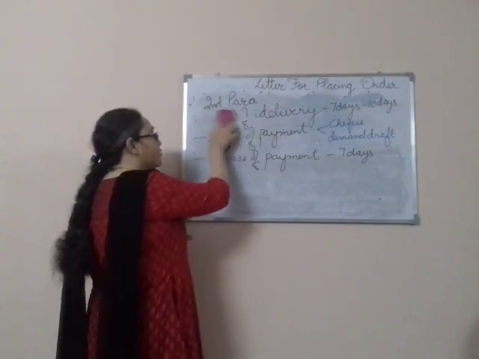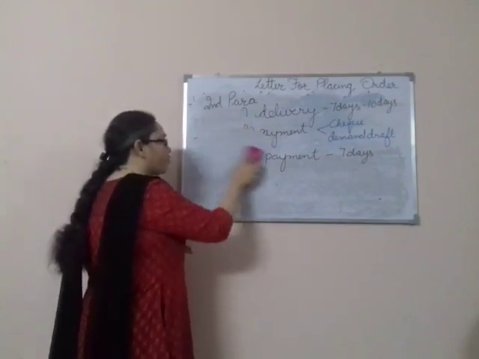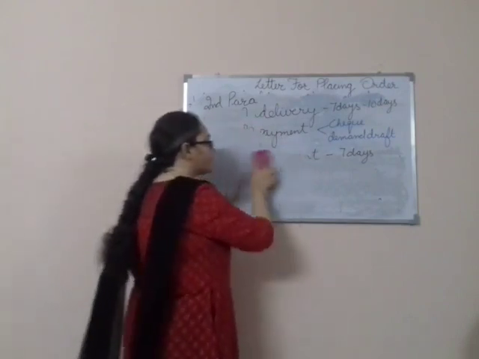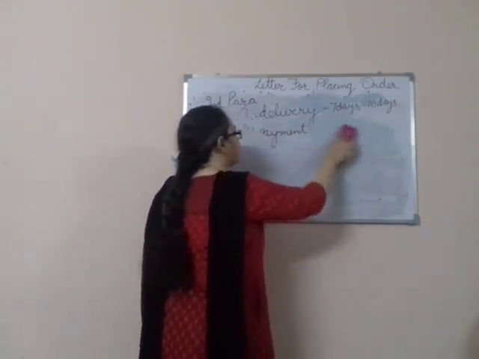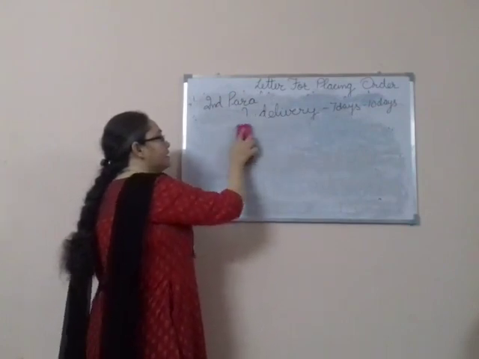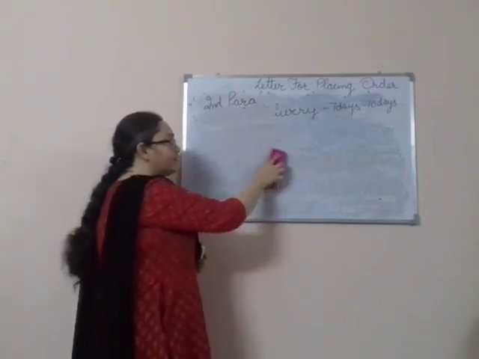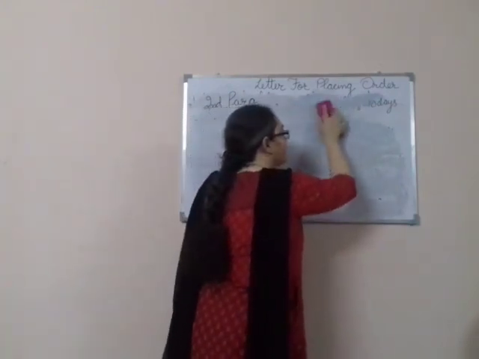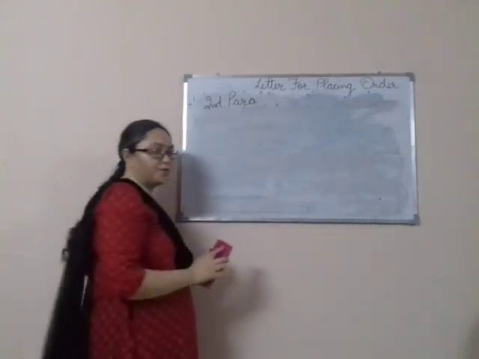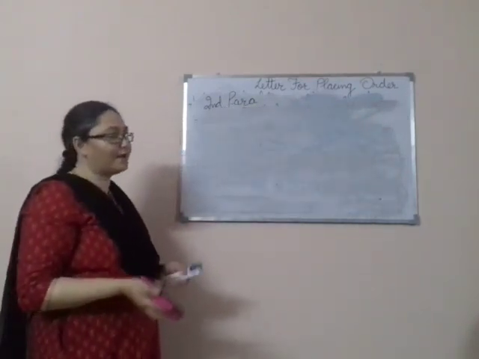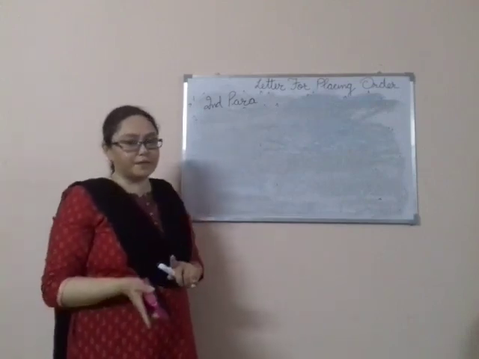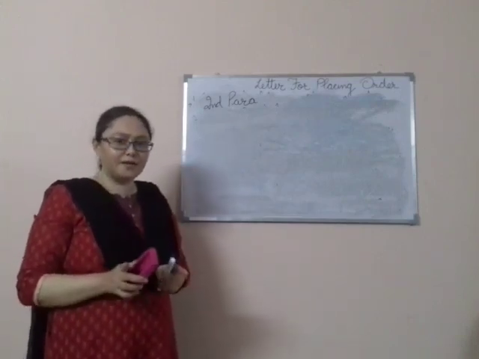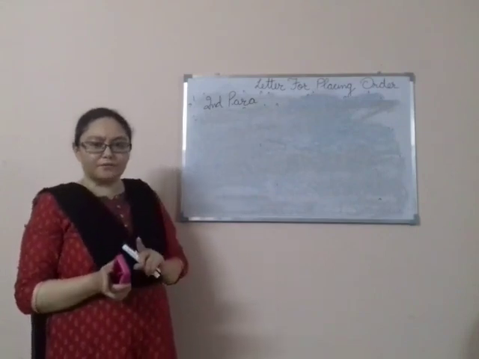Let us again quickly revise what we have done. First thing that we are going to write is the date of delivery, and this can be 7 to 10 days. Next thing is the mode of payment. Is it by check or by cash or by demand draft?